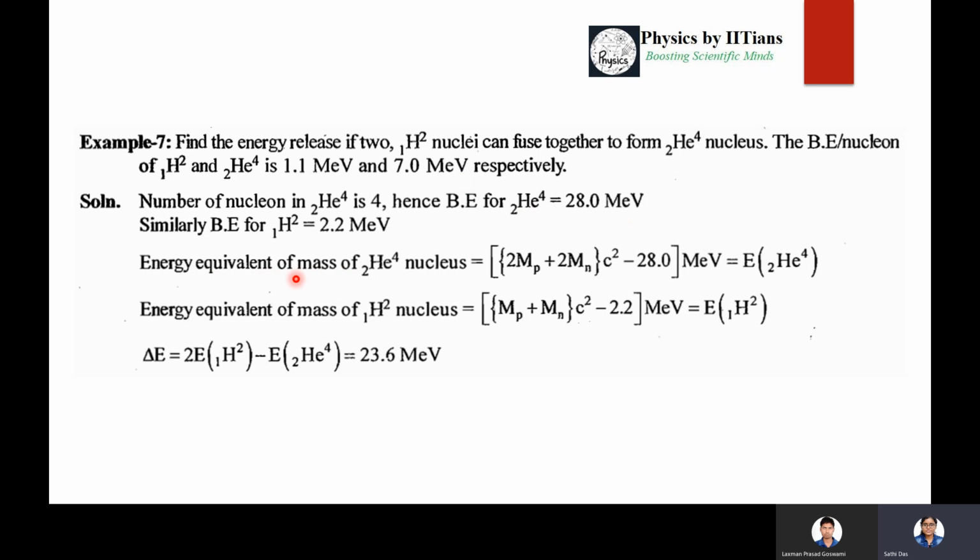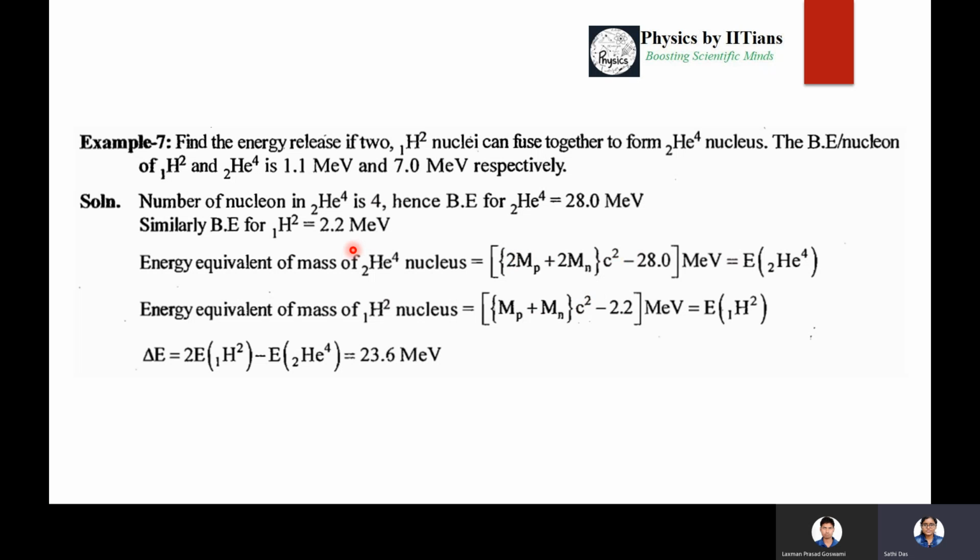Now the equivalent energy of the mass of 2He4 is the mass of the constituents minus the mass of the nucleus, that is here. So it will give you this equivalent energy. For the equivalent mass of the hydrogen nucleus, you have to take account of the energy of the constituents, not just mass, because mass into c square is energy. So it has been converted to energy.